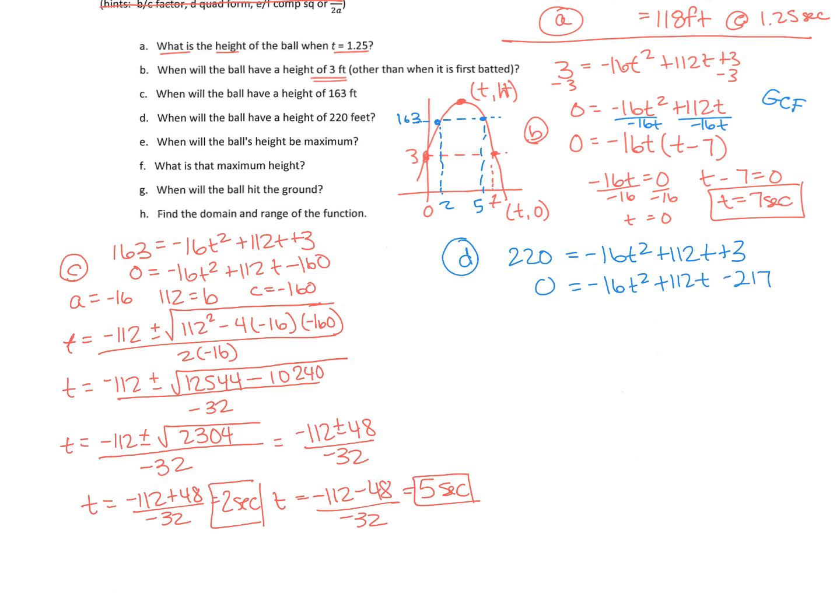So this, by the way, does not factor. So I am going to use the quadratic formula again with my a is negative 16, my b is 112, and my c is negative 217.